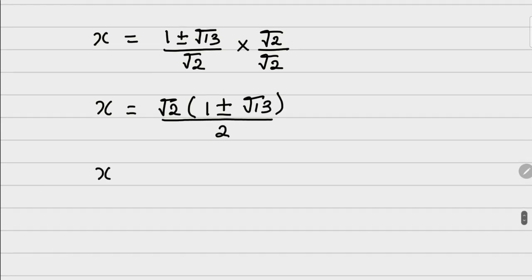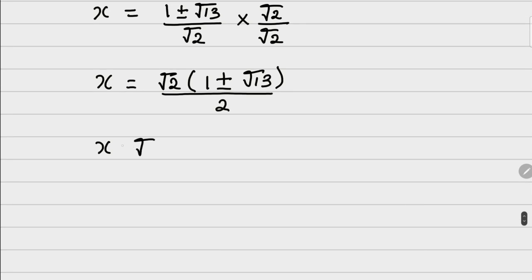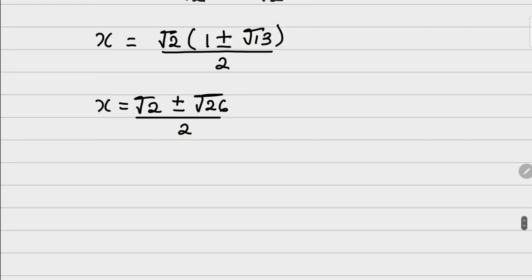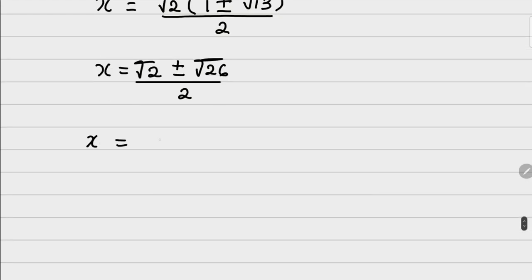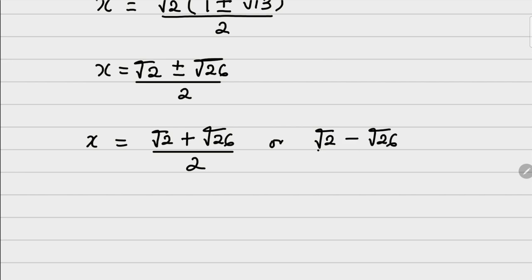So my x is actually going to be root 2 plus or minus root 26, all over 2. We can write it finally as root 2 plus root 26 all over 2, or we can have it as root 2 minus root 26 all over 2.